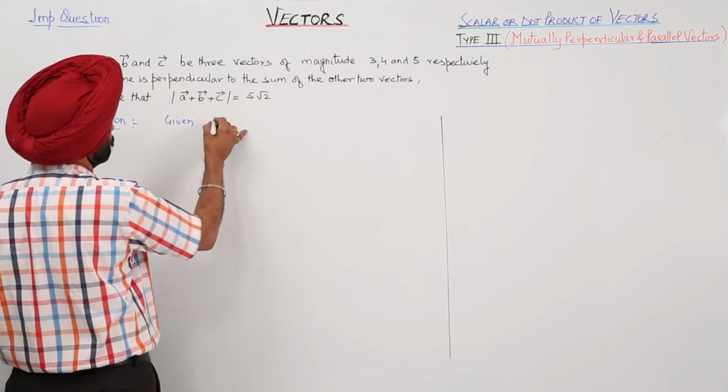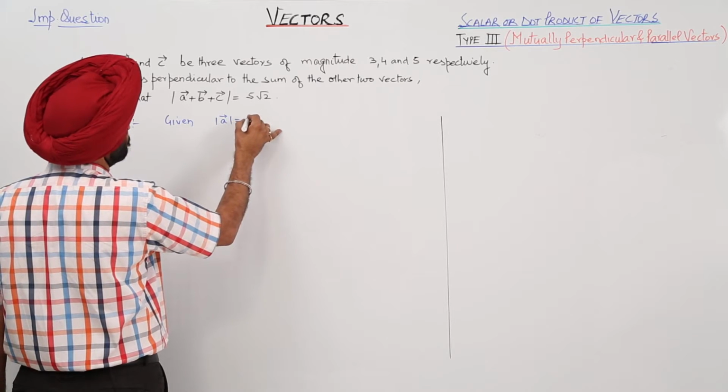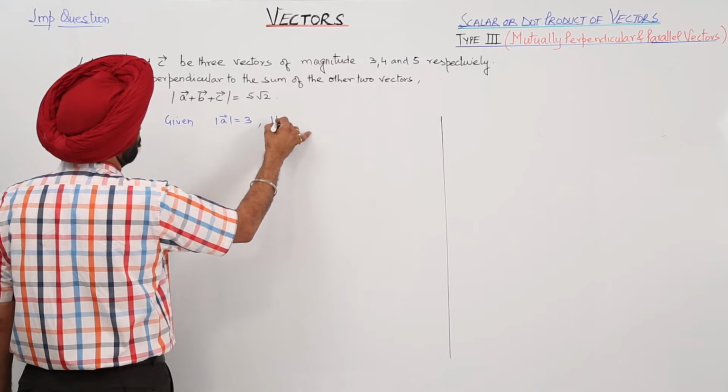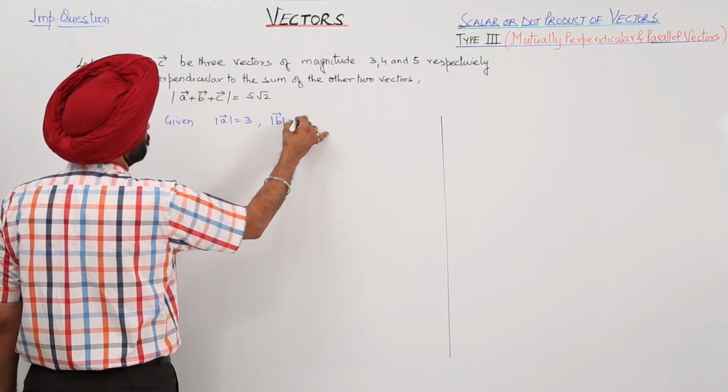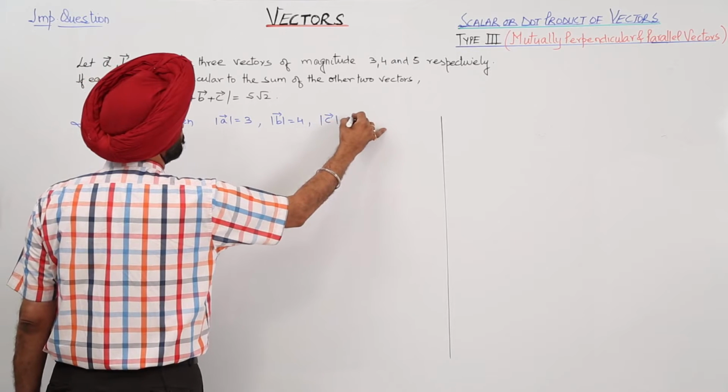Given: the magnitude of vector A is 3, the magnitude of vector B is equal to 4 and the magnitude of vector C is equal to 5.